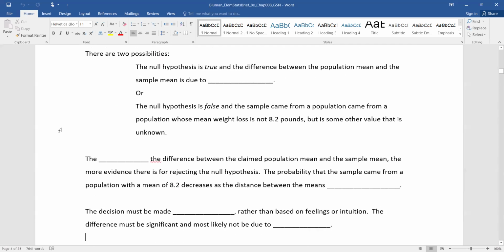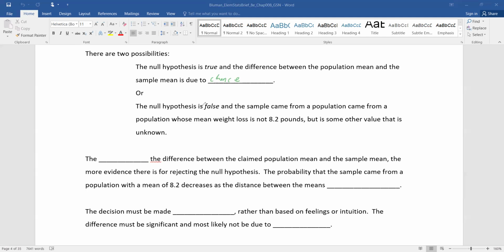All right, there are two possibilities. The null hypothesis is true, and the difference between the population mean and the sample mean is due to chance. So again, the null hypothesis is true, and the difference between the population mean and the sample mean just happened to be by chance.